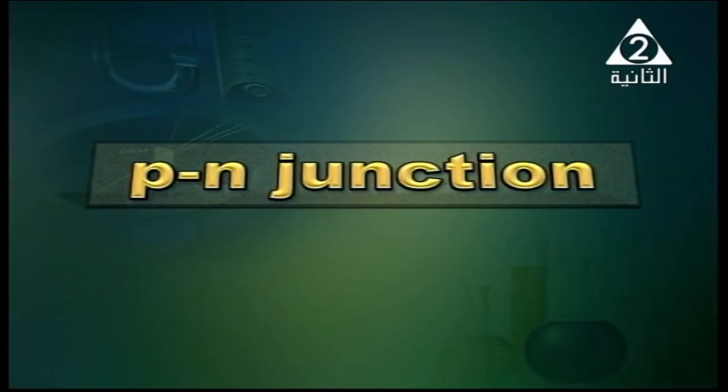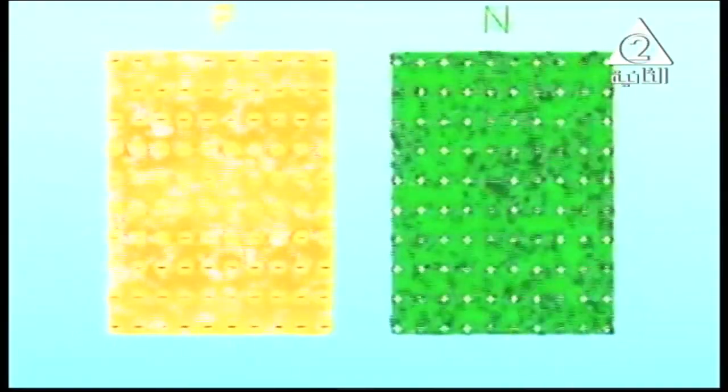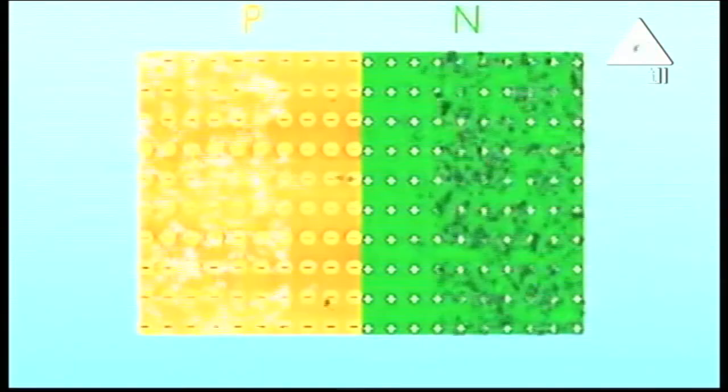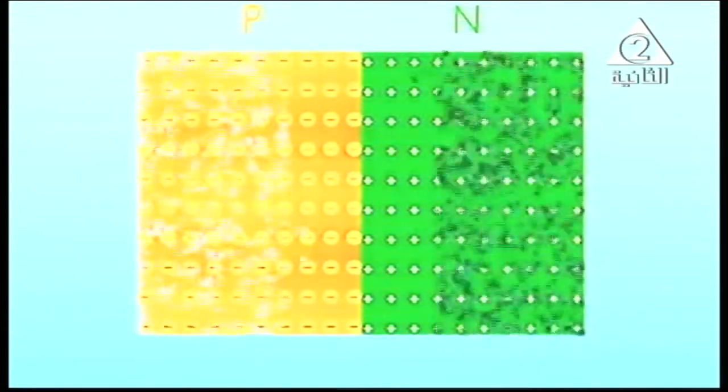And now, talking about the PN junction. By a special manufacturing process, a junction is formed between P and N type semiconductors. Let me say it again.